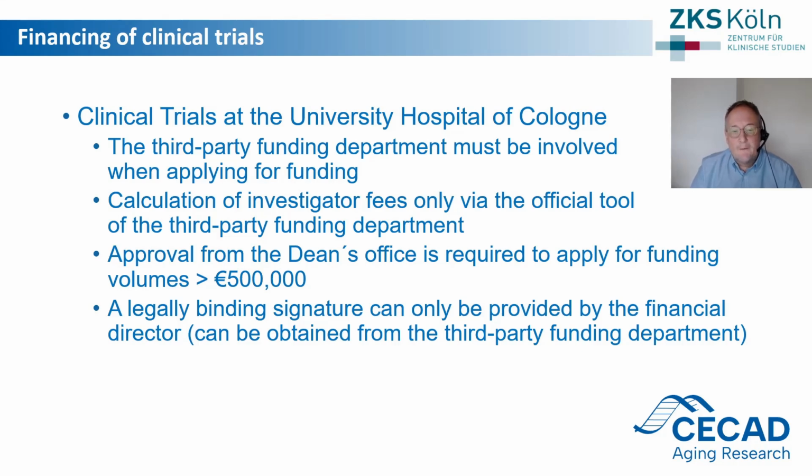The calculation of the investigator fees can only be done via the official tool of the third-party funding department, and you need an approval from the Dean's office if you apply for funding volumes larger than 500,000 euro. And for many applications, you need a legally binding signature on the application form, and that can only be provided by the financial director. That can be obtained from the third-party funding department.